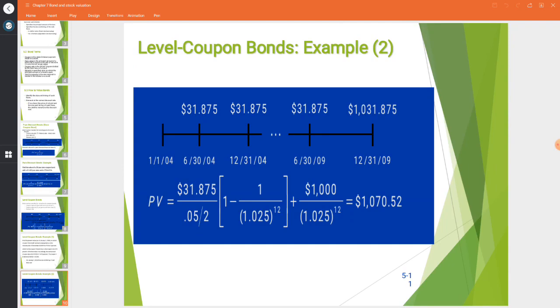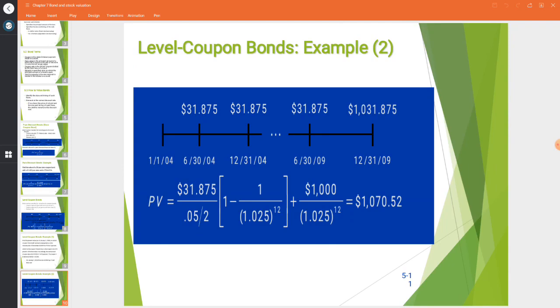To determine the BV of this bond, we have two types of cash flows: coupons as the first cash flows of this bond, and the face value that we are going to receive.